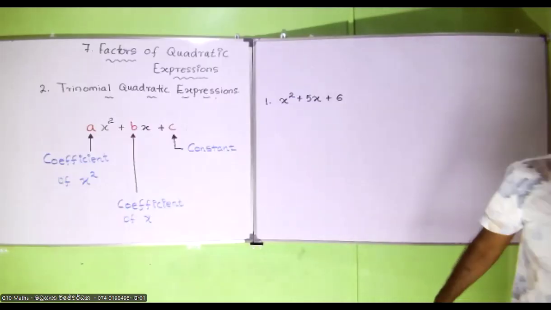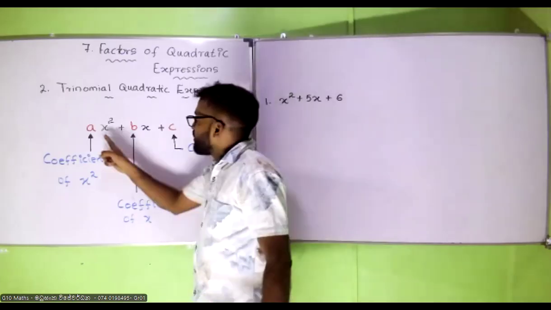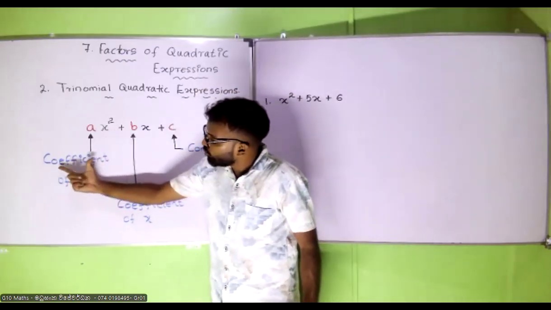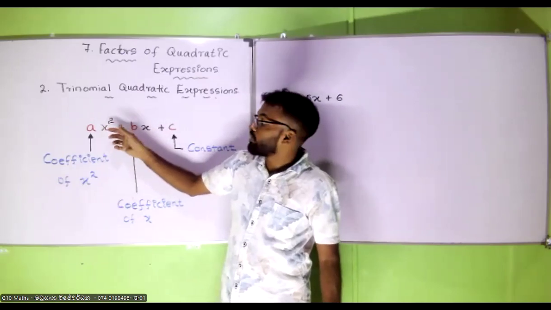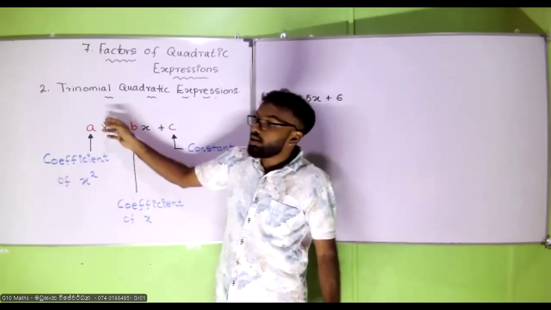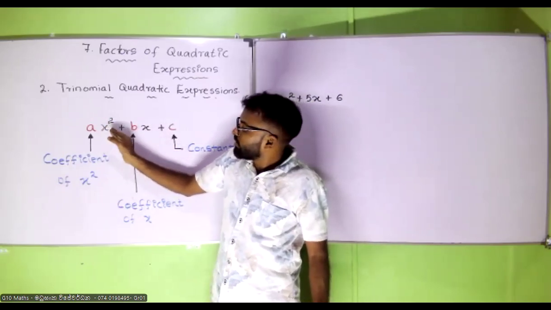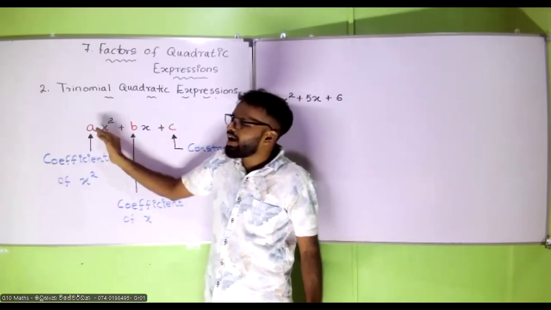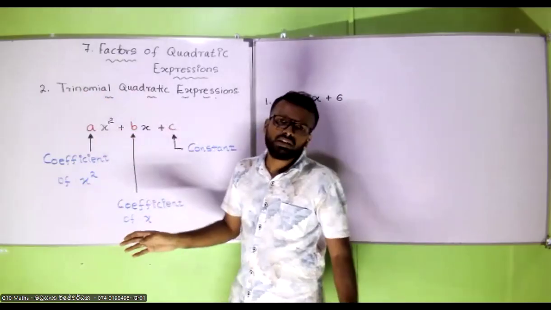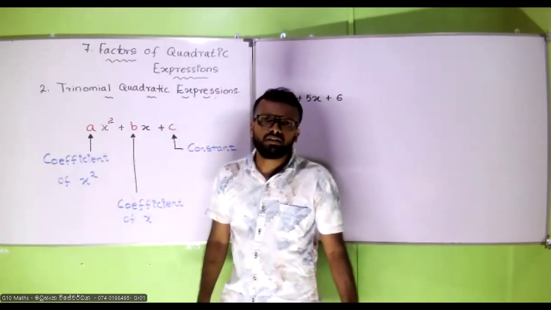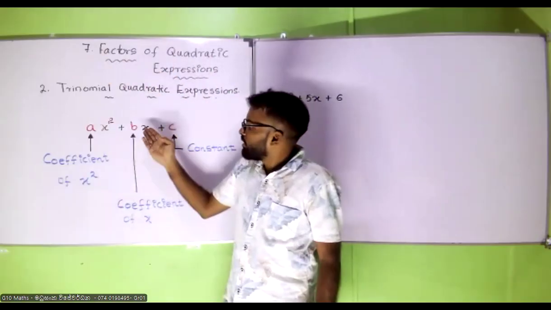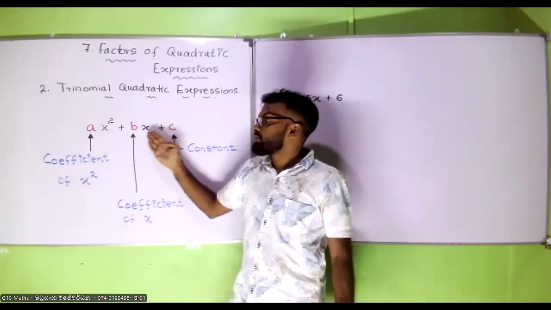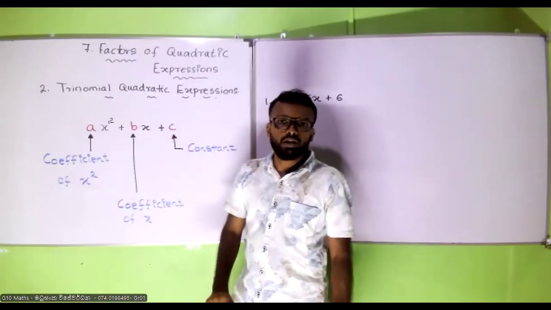To this x squared, you need to have another extra thing, as a. That is a constant coefficient of x squared.